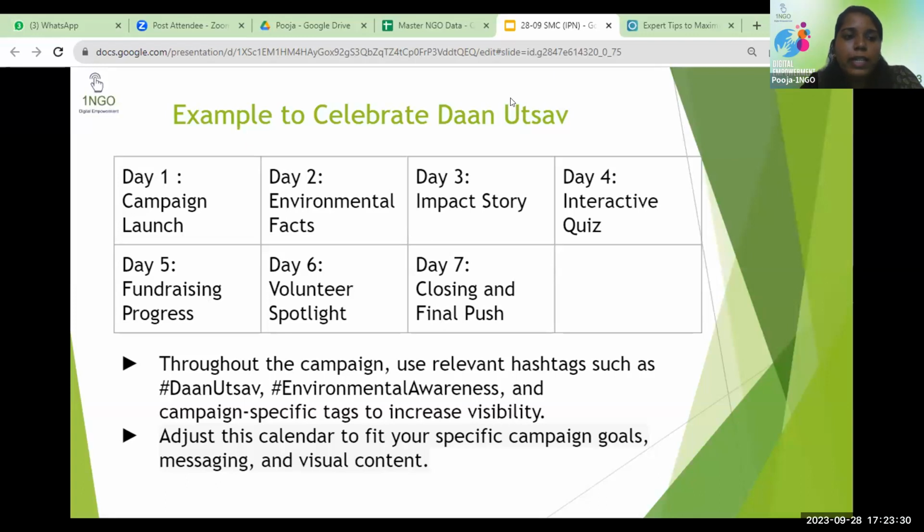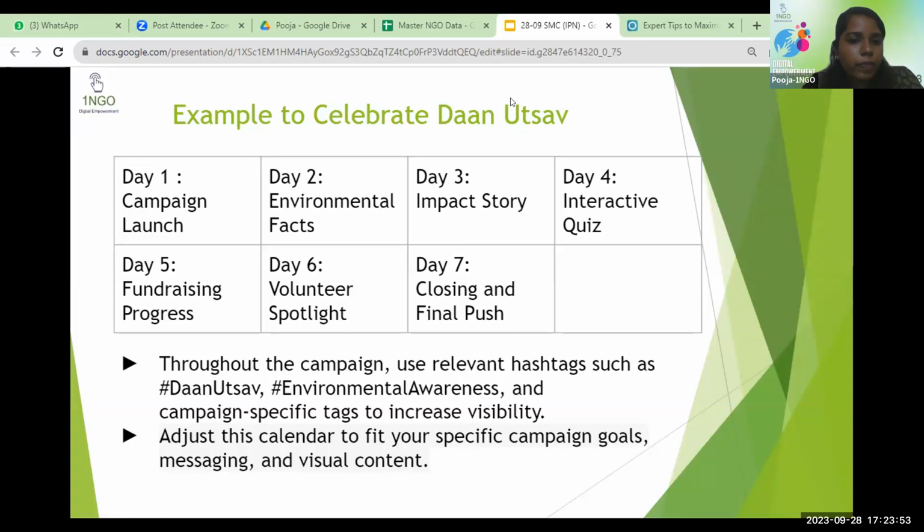So you will be telling how the fundraising process has gone and how much more is remaining for you to close the campaign.